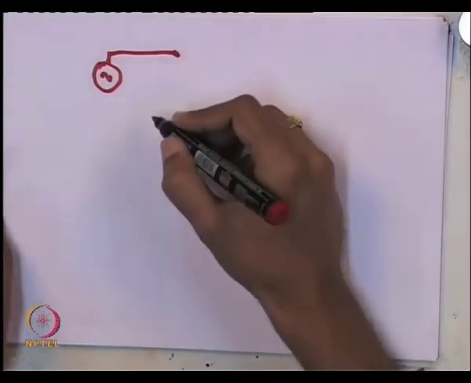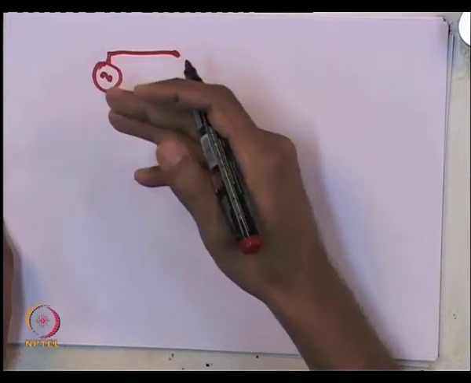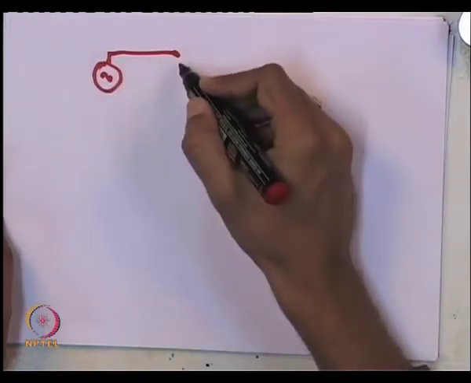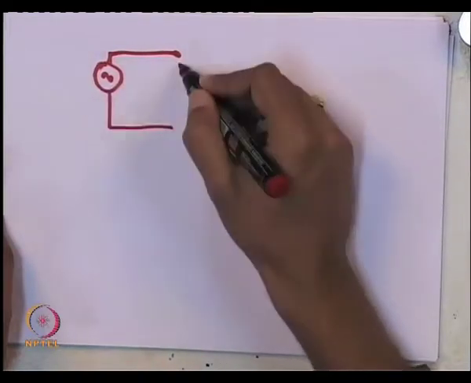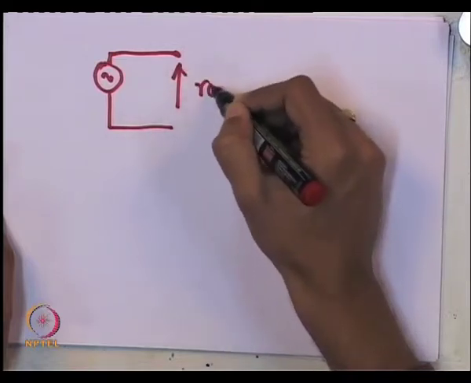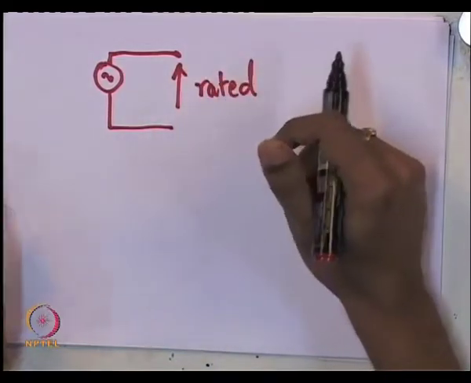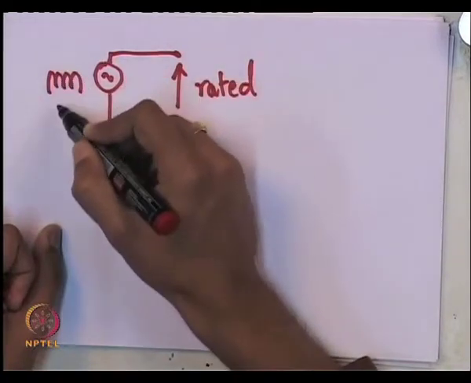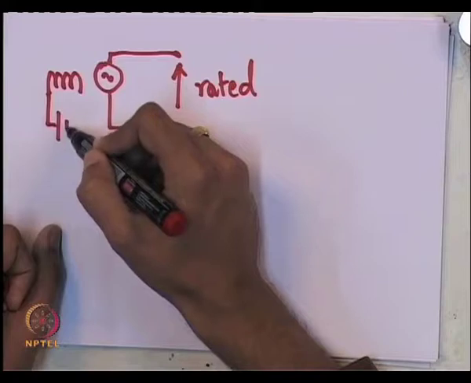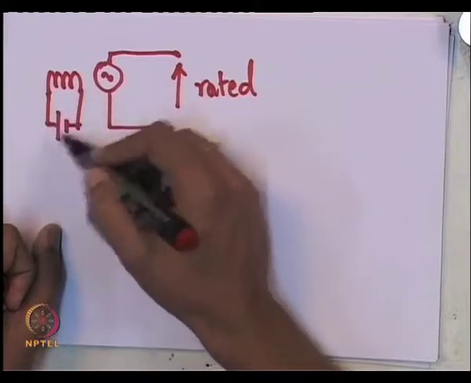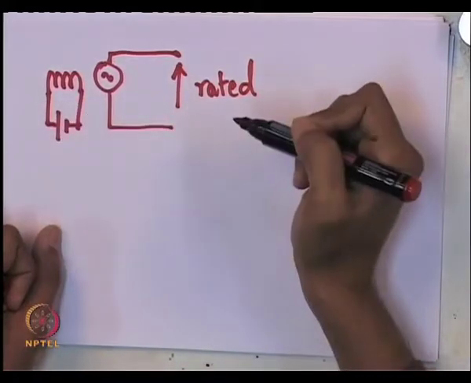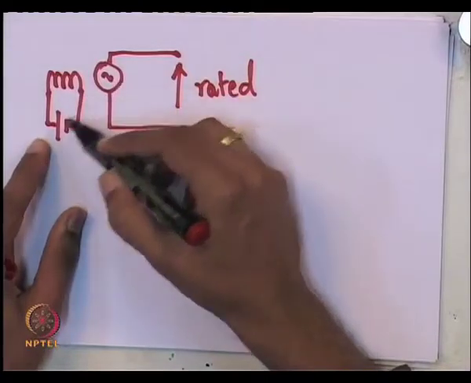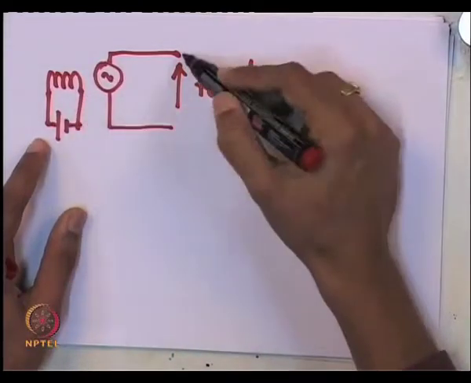You require a certain field voltage in order to get rated voltage at the generator terminal. So, you will have to give a field voltage, represented here temporarily as a battery, the field excitation you would have to give so that you got the rated voltage.